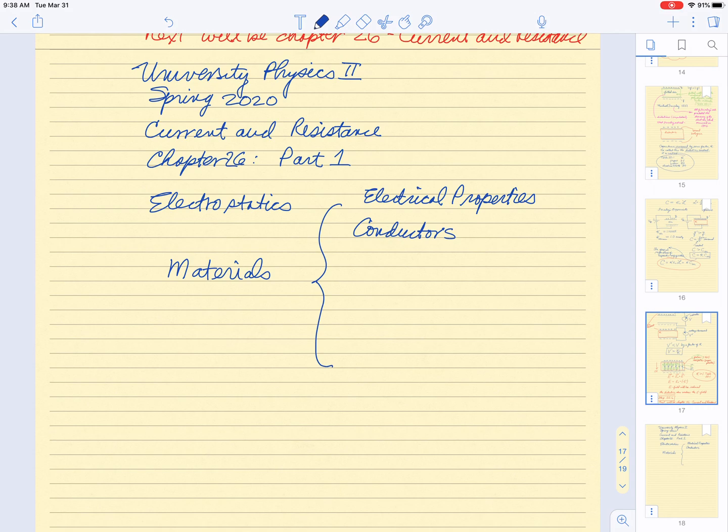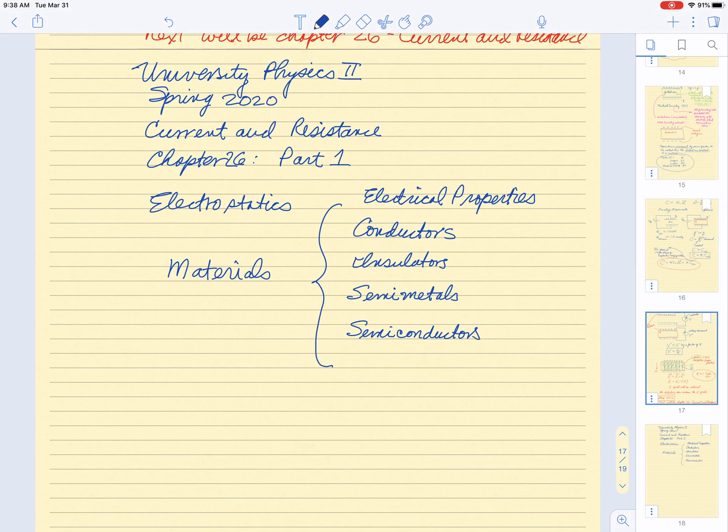We have insulators. And these are materials that cannot very easily transport charges through them. And then we have materials which are called semimetals. And lastly, materials which are called semiconductors.